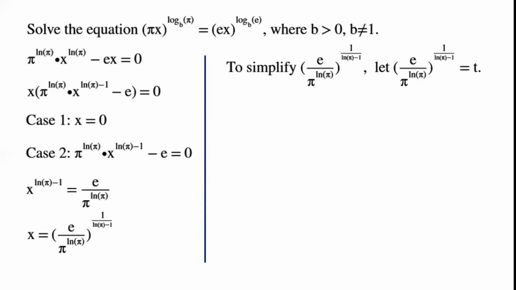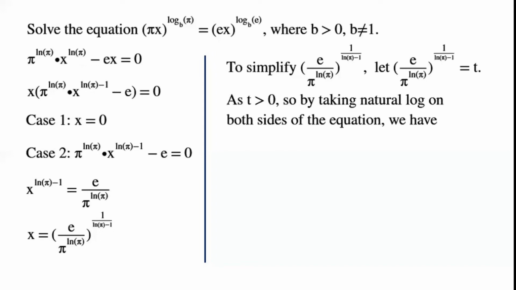To simplify, let (e over π^(ln π)) all to the power of 1 over (ln π − 1) equal t.